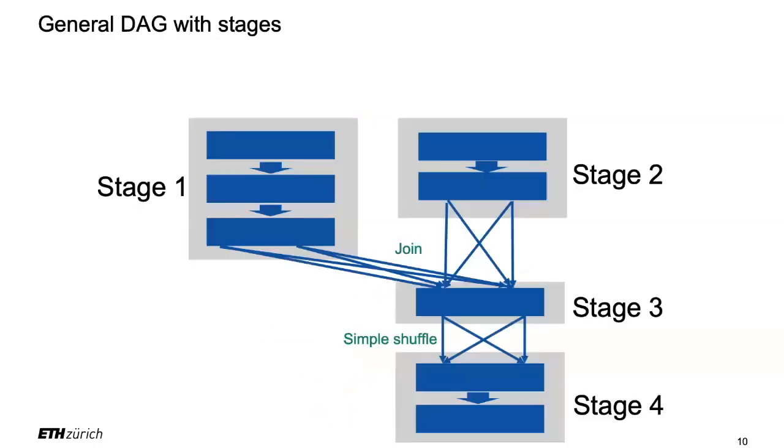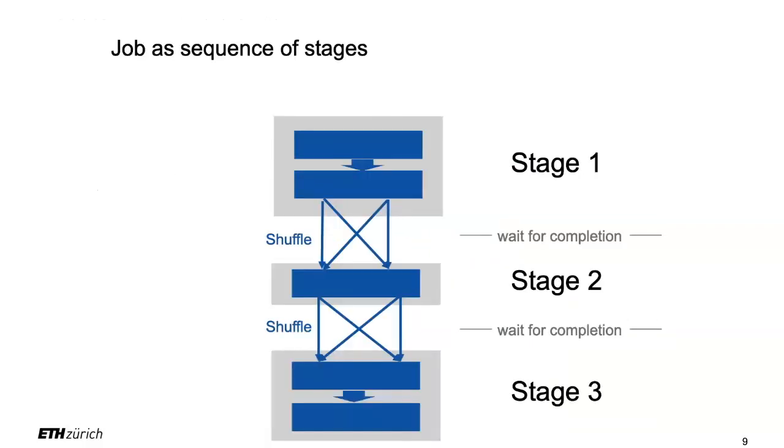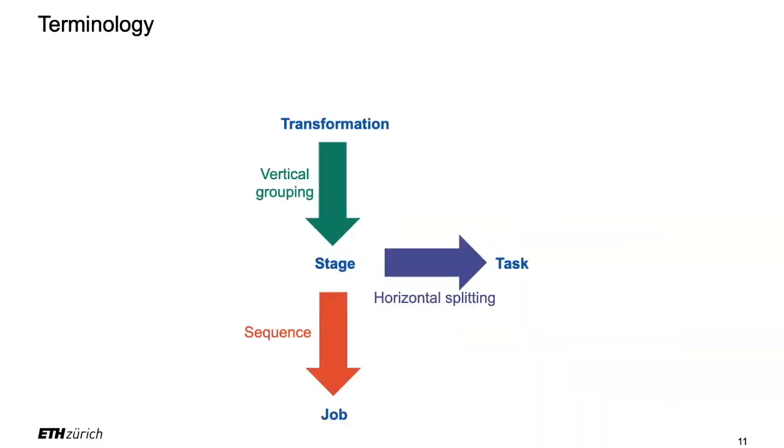A job is made of a sequence of stages, stage 1, then stage 2, then stage 3, then stage 4. So it's the completion of the job stage by stage. And a stage can either be seen as a sequence of transformations, filter and map and flat map. They are all narrow dependency and can be grouped together. So that's a vertical way of seeing it.